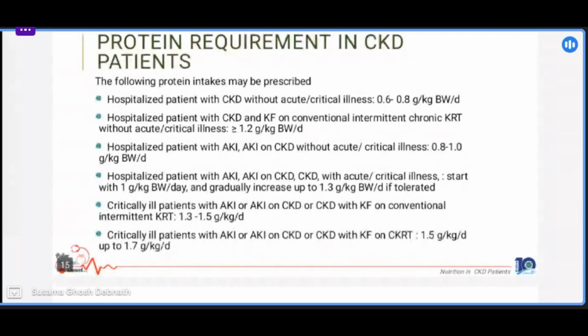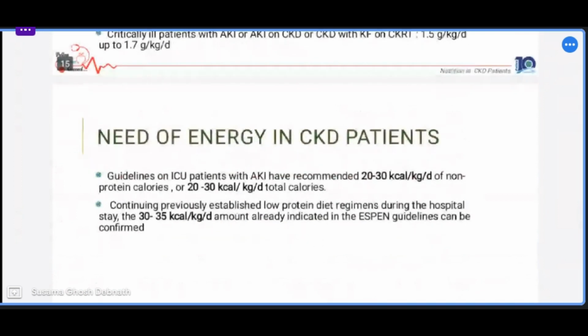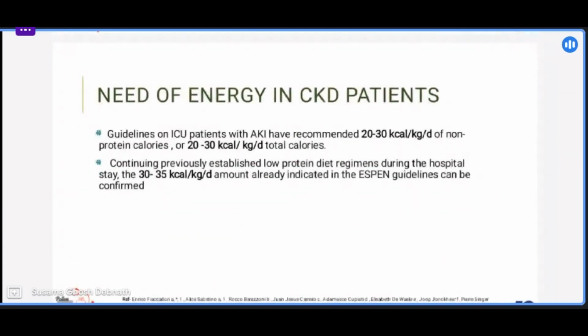So as we discussed, the same thing is here. You can see energy also, 30 to 35 kilocalorie per kg body weight per day. Now some question would arise, like if the patient has diabetes mellitus, then what to do? Because if the patient is solely suffering from diabetes mellitus, then you usually restrict calories.